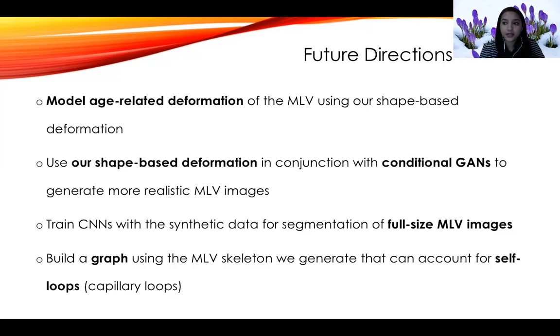This new synthetic data could then be used for CNN training. And finally, using the MLV skeleton we generate, a graph structure could be created specific for the MLV that accounts for self-loops in order to bring the power of graph signal processing to MLV analysis.